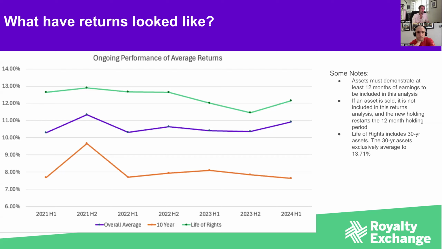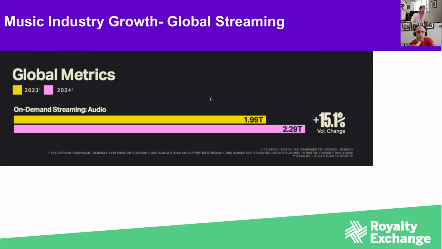So what does that mean here? That means that people were paying lesser multiples in response to that interest rate hike, a natural response. And that has resulted in some increased returns, which is always nice to see, especially as it relates to the music market generally, which we'll get into right now.